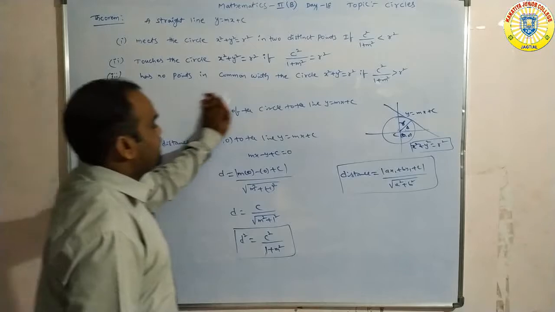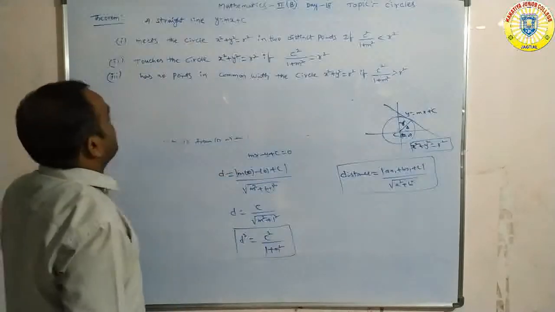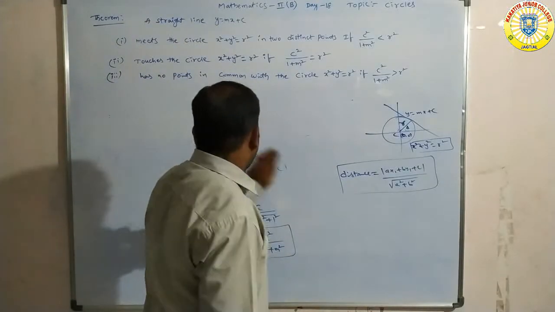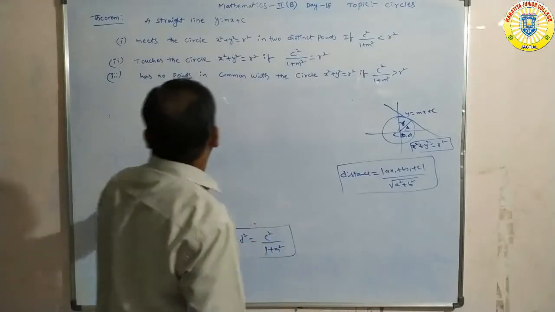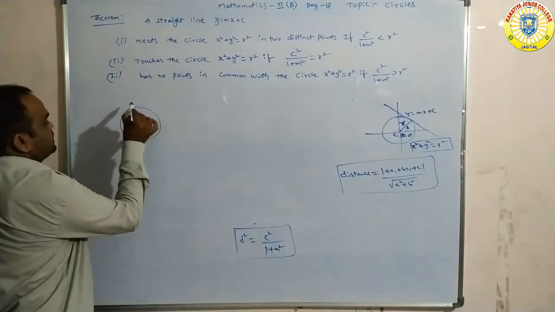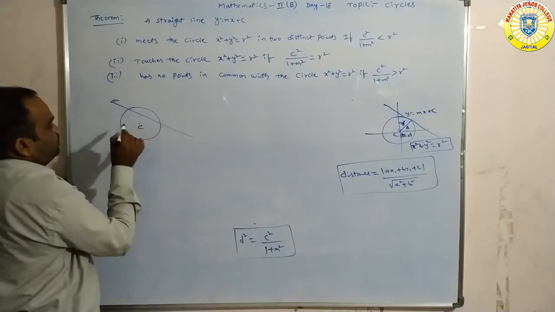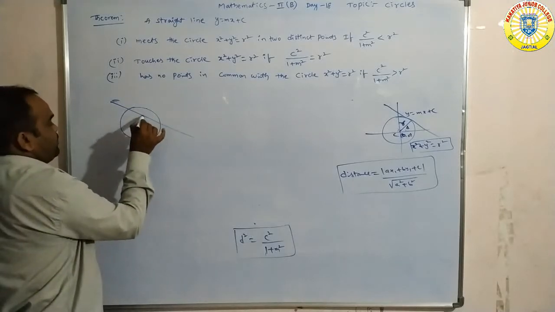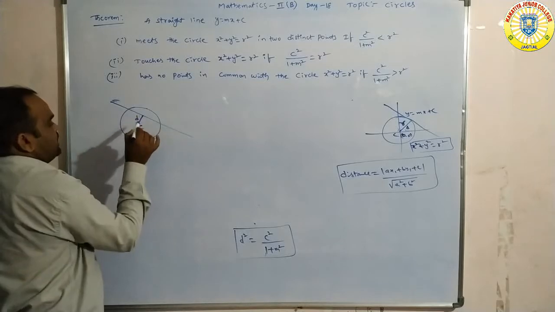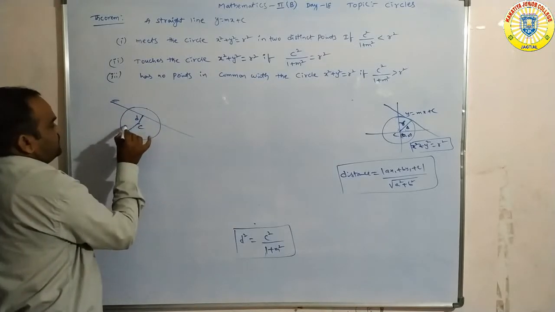Then next, what is the first case? The line meets the circle in two distinct points. The line and circle meet at two distinct points. This is the distance, and this is the radius.